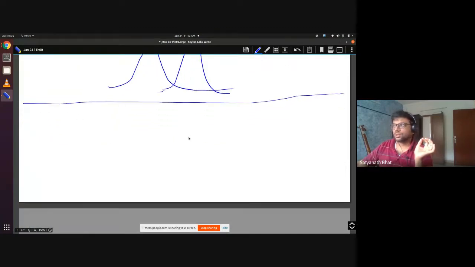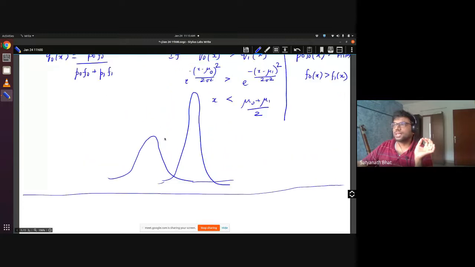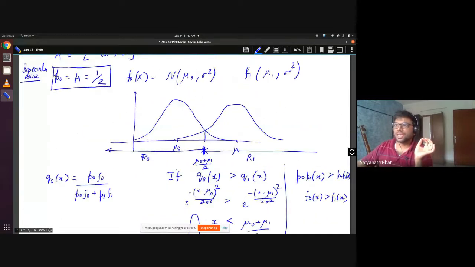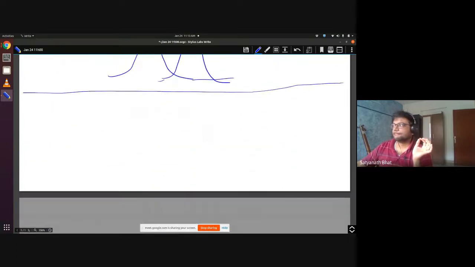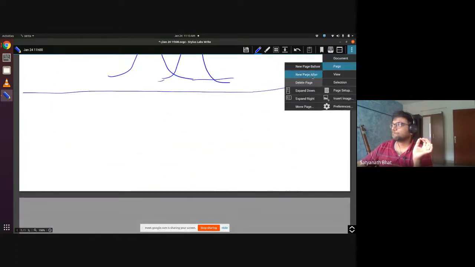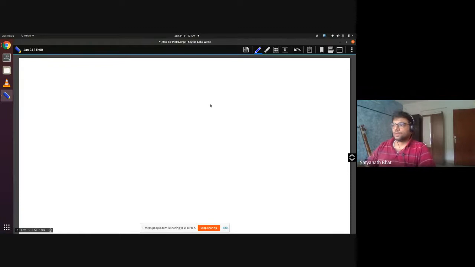Okay, so let's talk about the proof of optimality for setup 3 first. Then we will generalize it for a more general Bayes classifier. Okay, so now we have talked about probability of error.